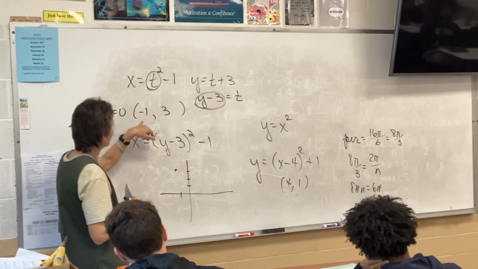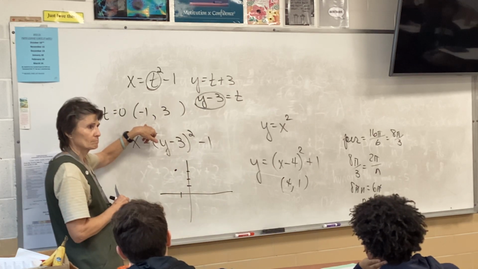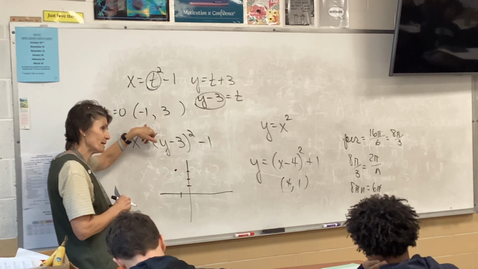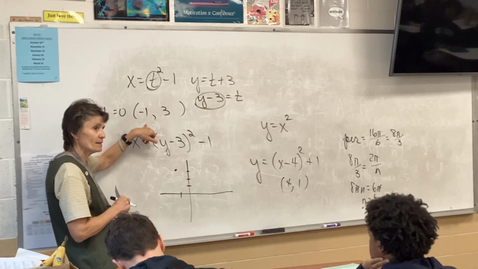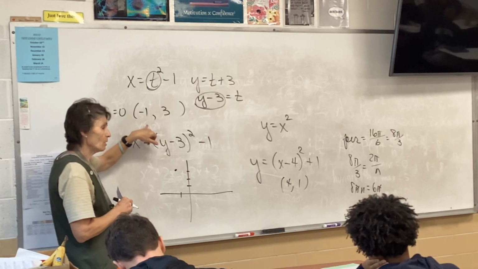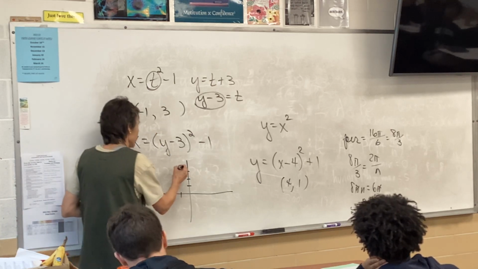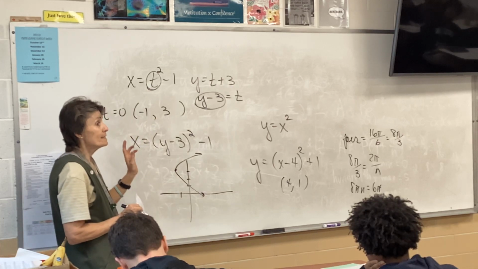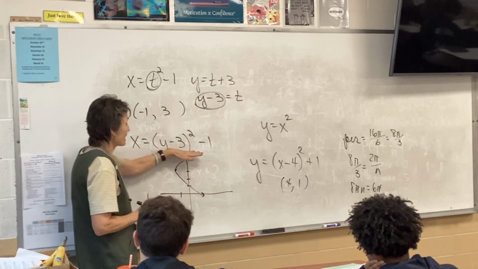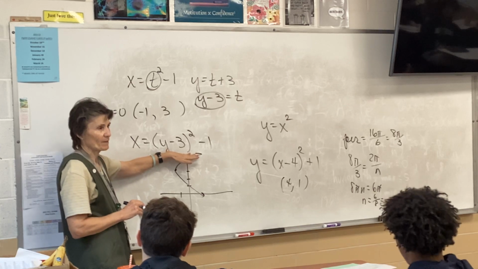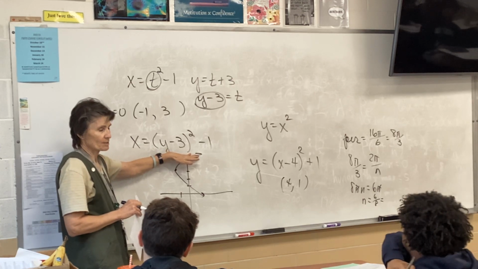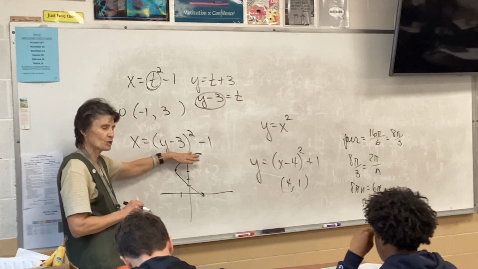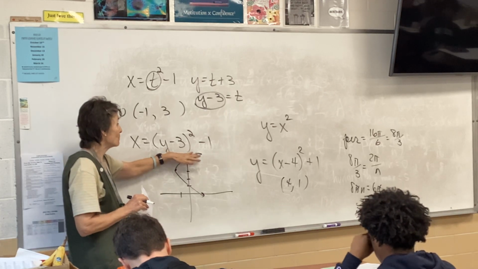Oh, wait a second. We already knew that, didn't we? That's the point we get when we let t be 0. Okay, well that's all right, it's our vertex, and it opens sideways. So there's your graph. Now, let's say this equation wasn't something that you recognized, or maybe you weren't comfortable with it because it's not a function, so opening sideways and everything else.